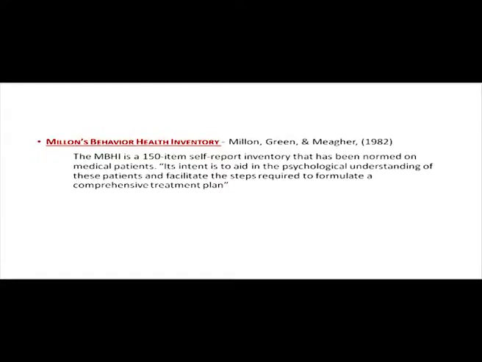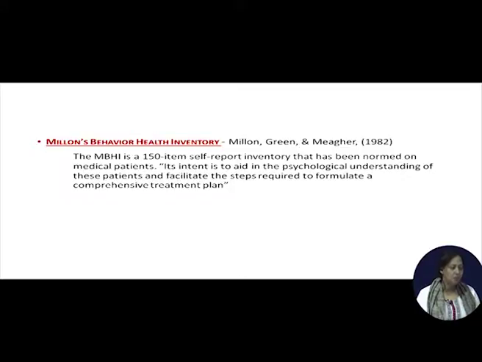It is not asked by another investigator; you are just giving the investigator your responses. This has been normed on medical patients, because it is a health inventory and was primarily used for medical patients.